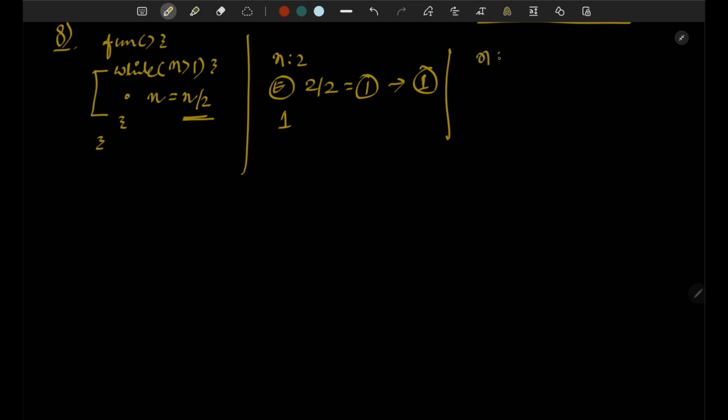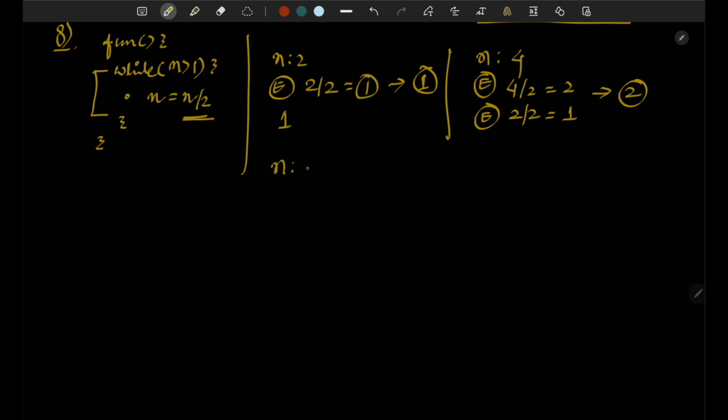Let's increment the value of n to be 4, and then we enter inside the loop, we execute it, we divide by 2, it becomes 2. 2 is certainly greater than 1. Then again we enter inside this loop and divide it by 2. The value becomes 1. 1 is not greater than 1. Then we can conclude that this got executed 2 times.